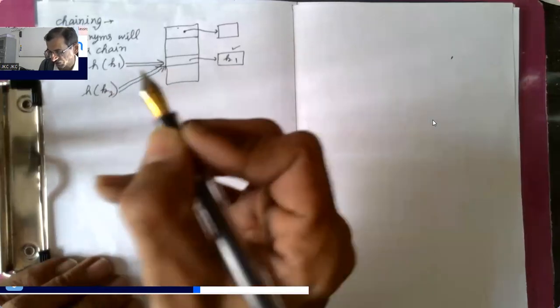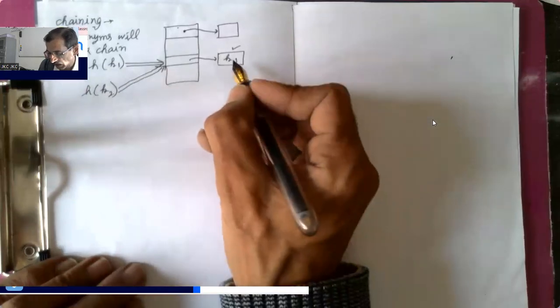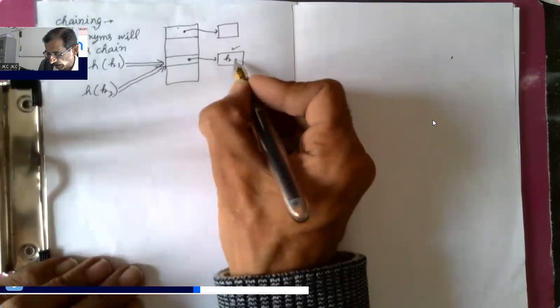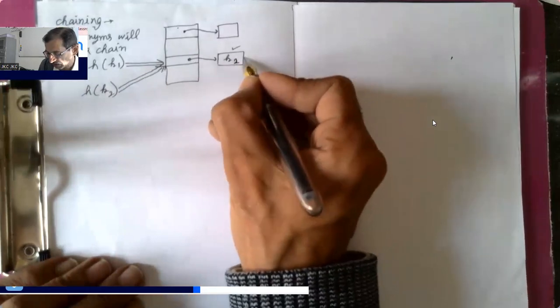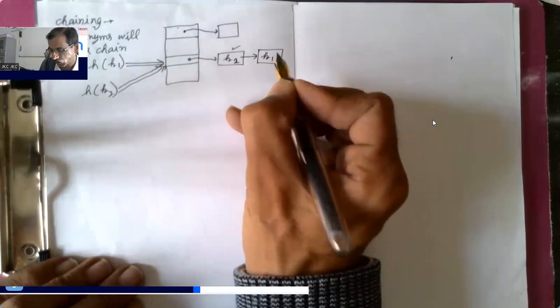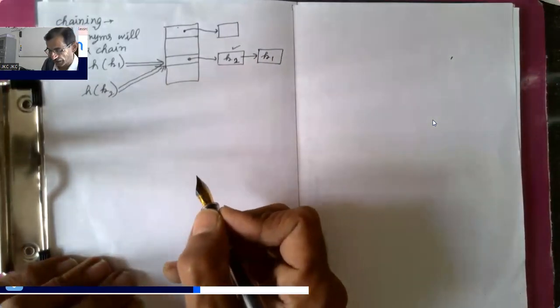Now you get another K2 that you want to store, and let's say this also maps to the same address. That will mean I insert K2 into this chain. Insertion at the start will be easy because it is faster, so I will insert at the start of the chain.